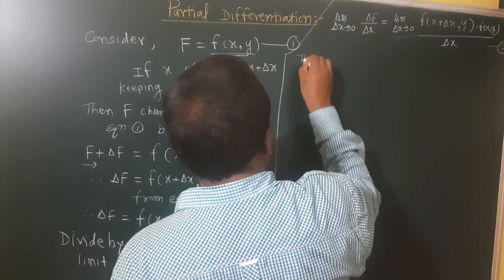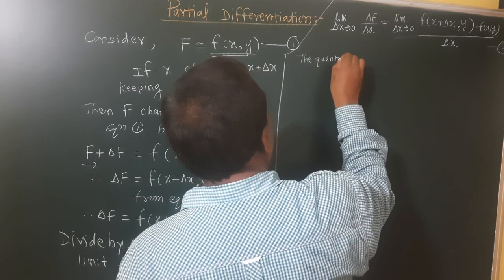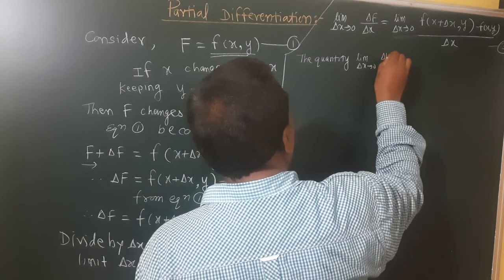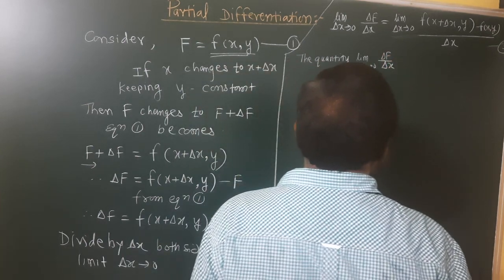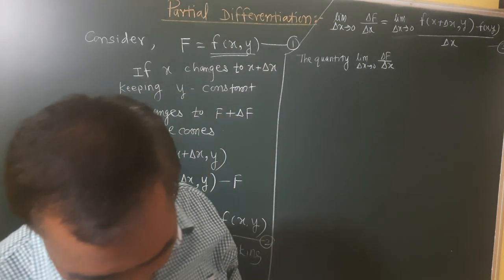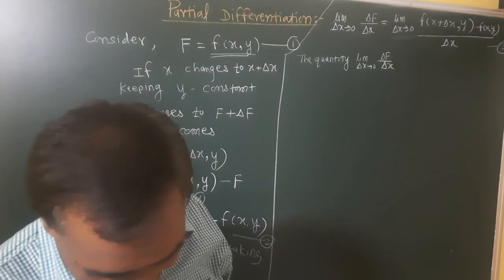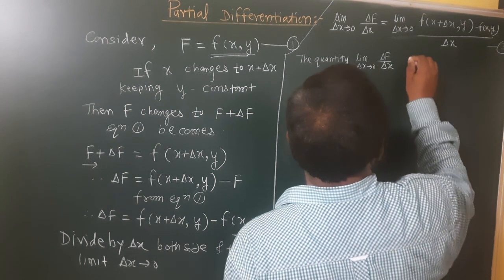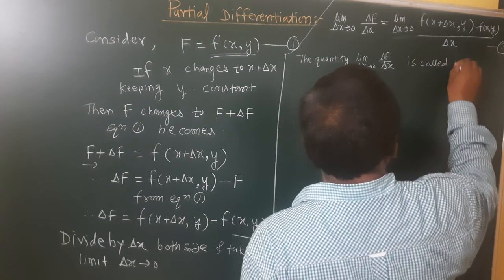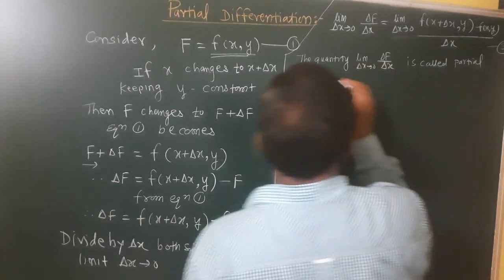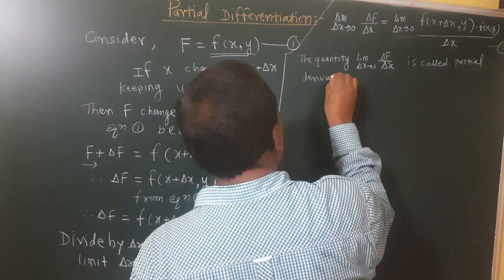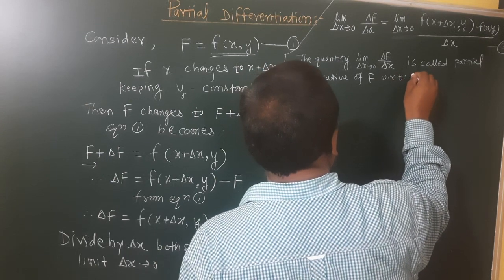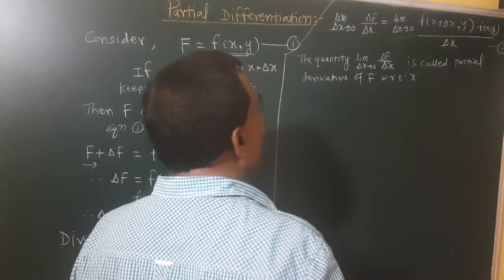The quantity, limit as delta x tends to 0 of delta f upon delta x, this quantity on the left hand side, is called the partial derivative of f with respect to x.